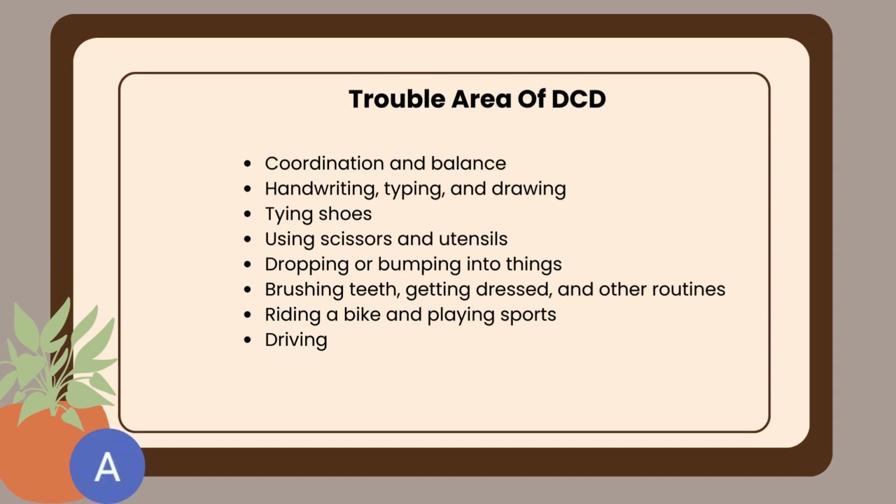Okay, now about the trouble areas of developmental coordination disorder. Actually, there are eight troubles that the children will have. The first one is coordination and balance, where they cannot keep the right posture or balance when doing physical activities in the gymnasium, playground, or in sports.